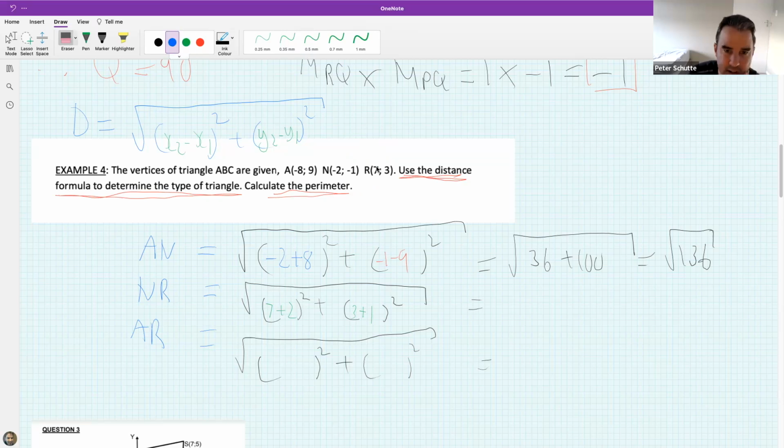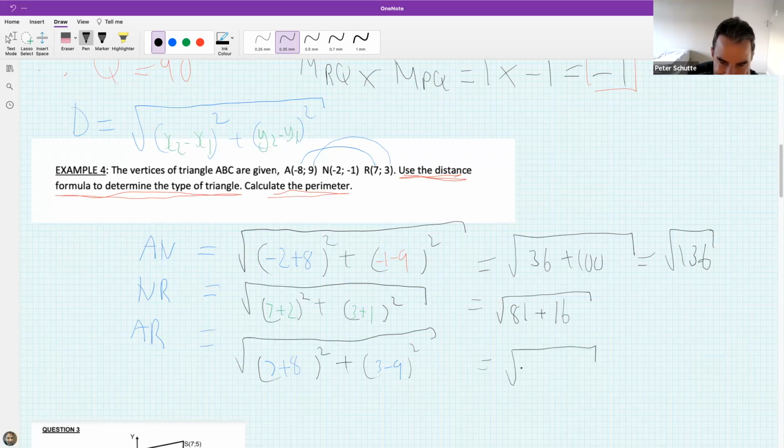I like drawing these little lines just to make sure I don't forget things. I might need my calculator for that one.